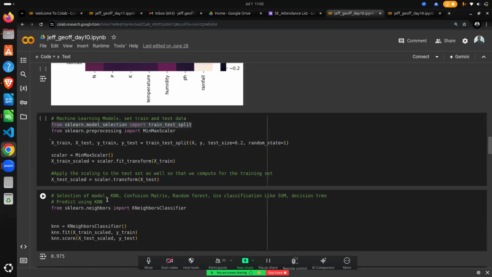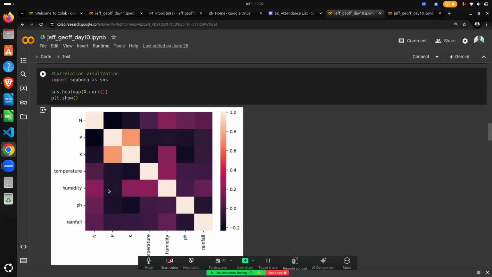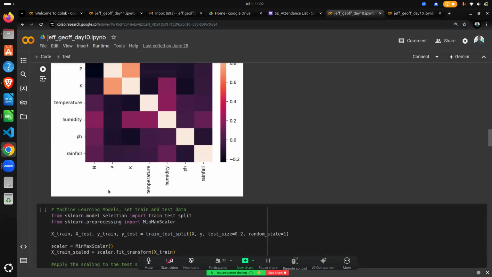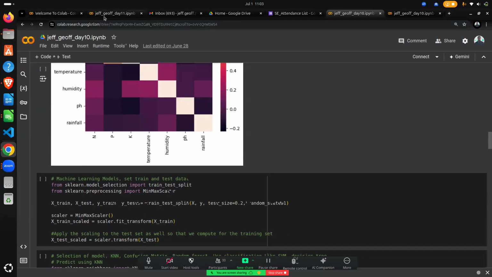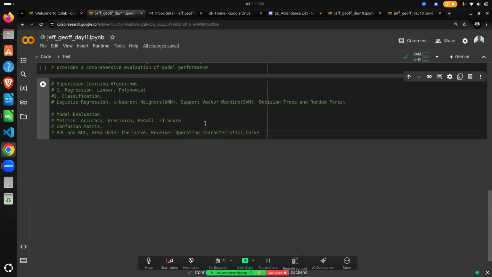Based on this, we decided to pick one based on the accuracy. So you go ahead and tell us that you used this machine learning algorithm, the KNN or the random forest, because of its accuracy. That's how you do the evaluation of the model. Or you can use the confusion matrix or ROC or area under the curve.